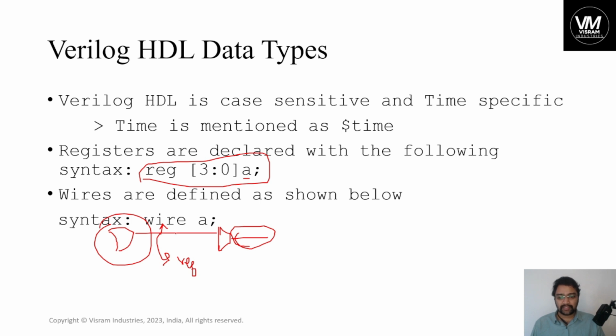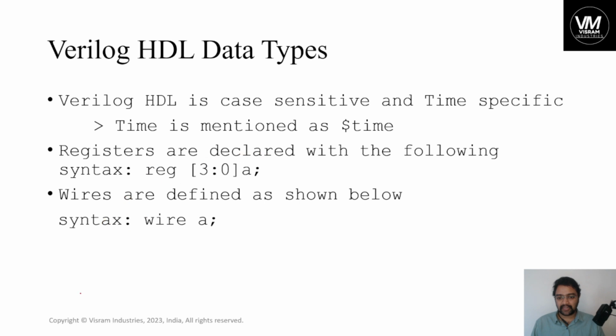Let us say A can be an output register in terms of the OR gate, but A can be an input wire in terms of the multiplexer. When you are writing multiplexer code, A can be written as a wire. Understand, guys? I will explain in detail.